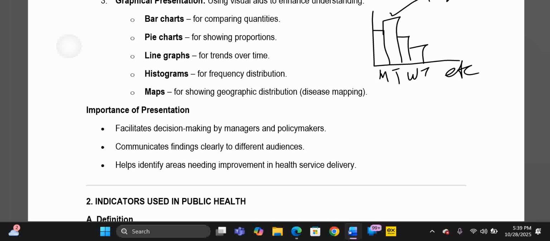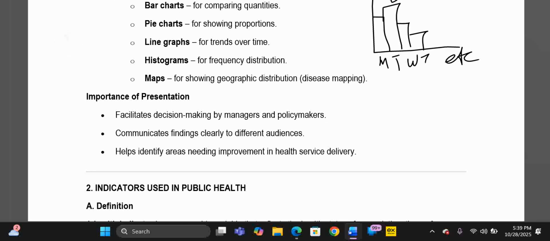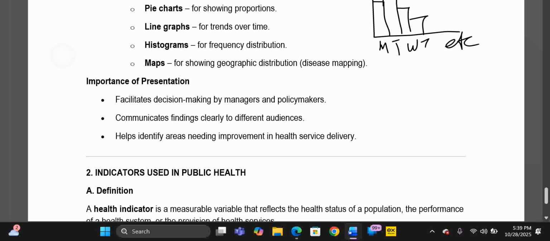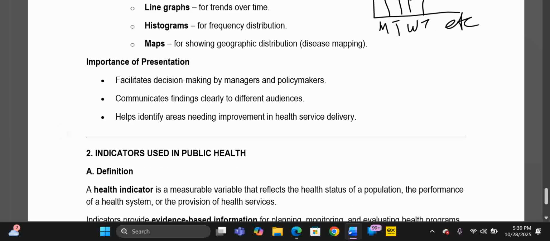This is normally used in public health, to understand the frequency of epidemiology or the frequency of disease spread. And then maps can help us give clear details in mapping locations, areas that have been affected most. We can actually use that.